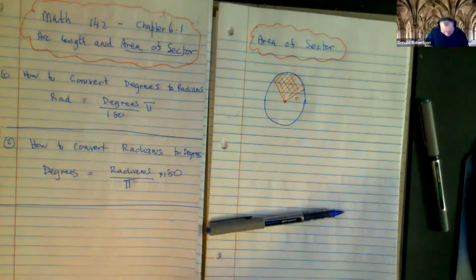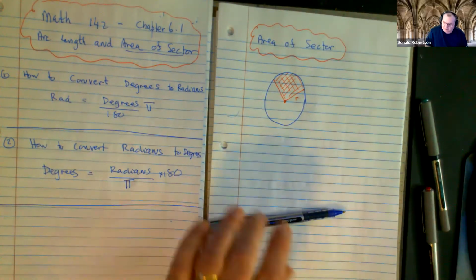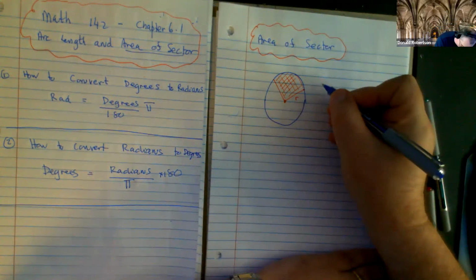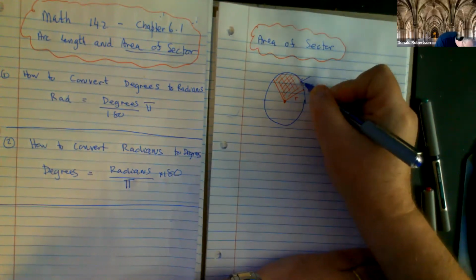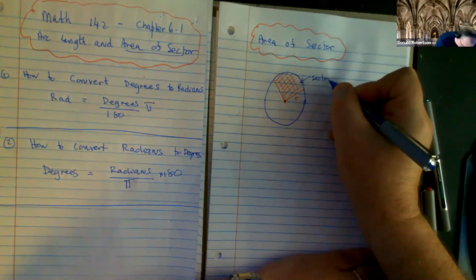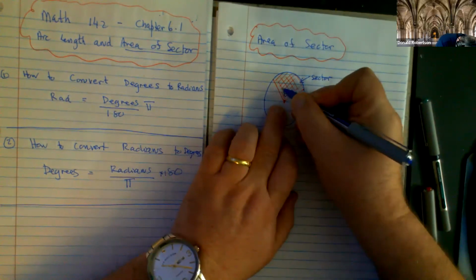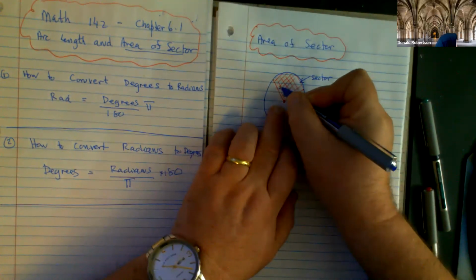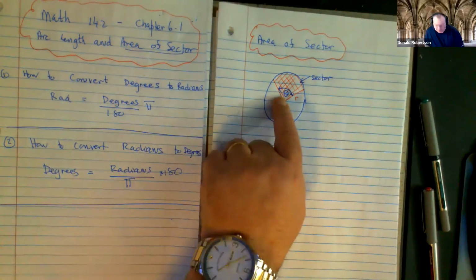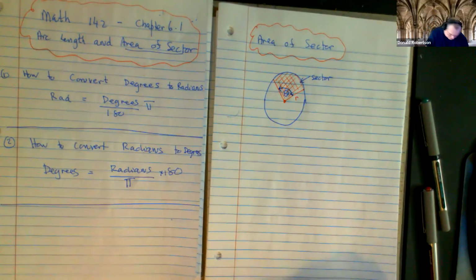That piece of cheese, piece of cake shape is called a sector. Let's say the angle subtended at the center, I think that's a fancy word for it, but the angle in the middle is theta.